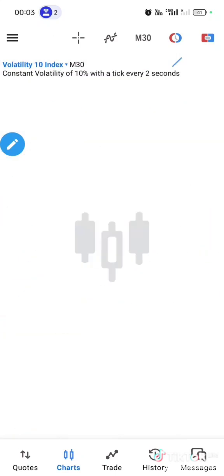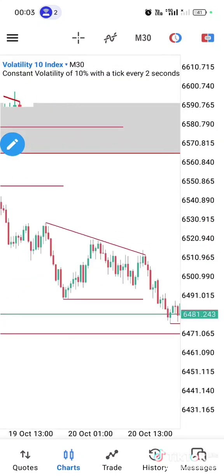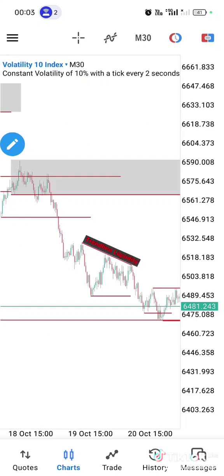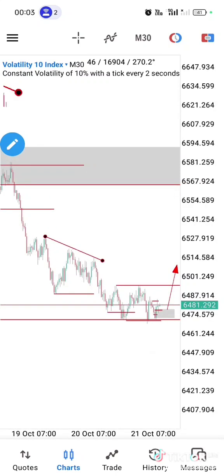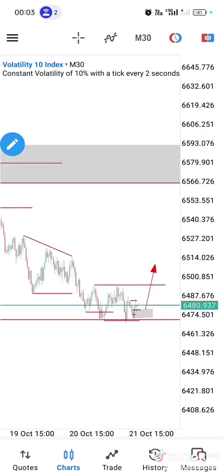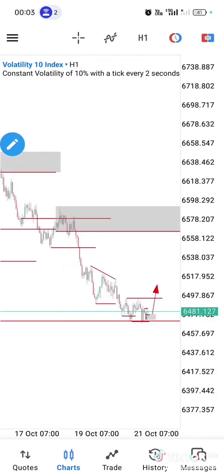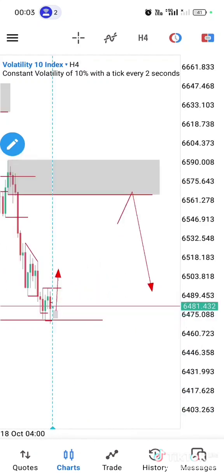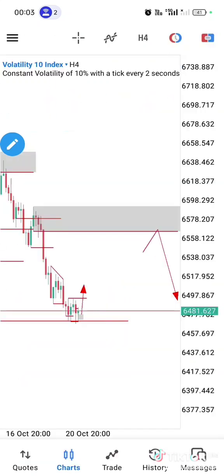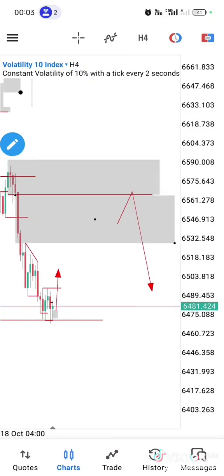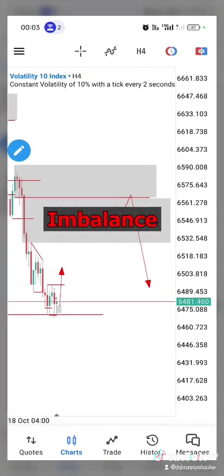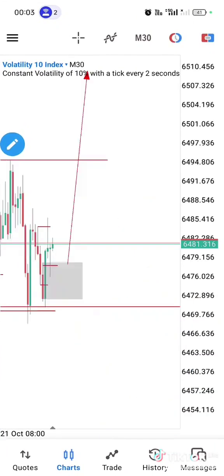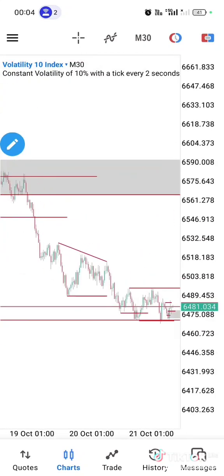Now you can see there's also a trend line liquidity right there, so that's why I'm also positive about the buy, and that's why I think it has to buy into that big imbalance, or into the trend line liquidity, because there's also an imbalance about there.